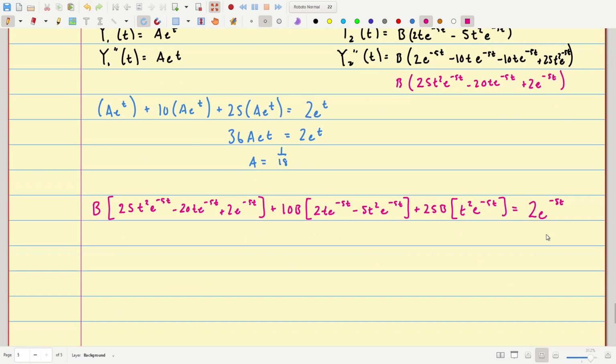All right. Now, looking at how all this shapes up, ten times this is going to get rid of all of those.